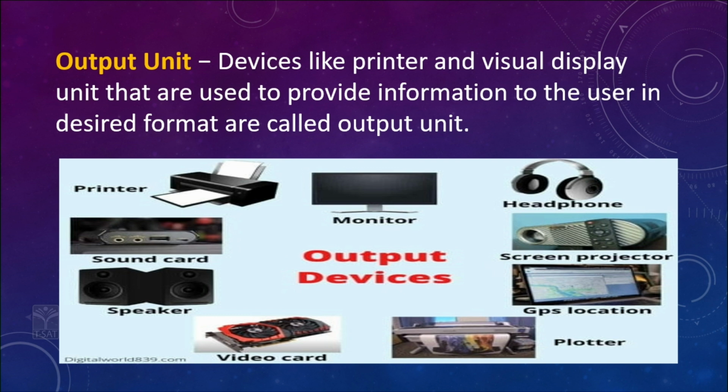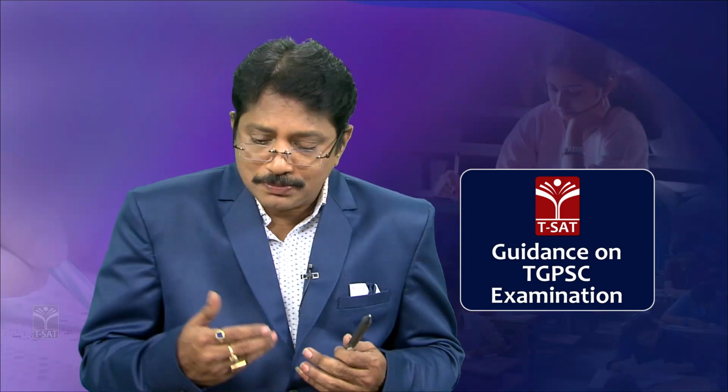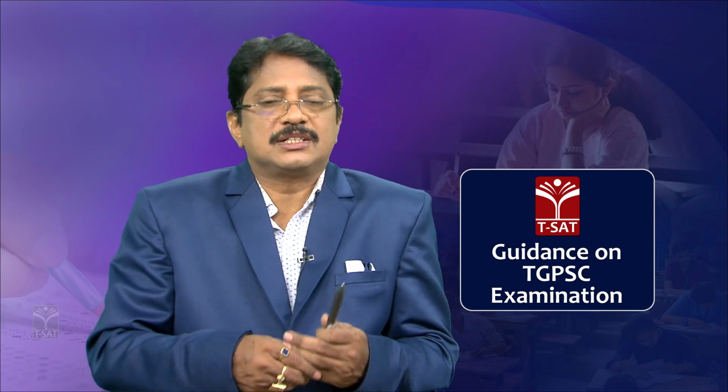Headphones are an output unit. The screen projector is an output unit. GPS location is an output unit. The plotter, if you want to print big screens, like those big flexes, generally we use the plotter. The plotter is an output unit, and the video card is also an output unit. So these are the outputs.